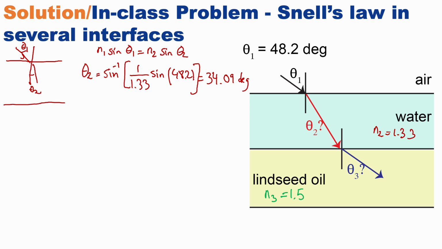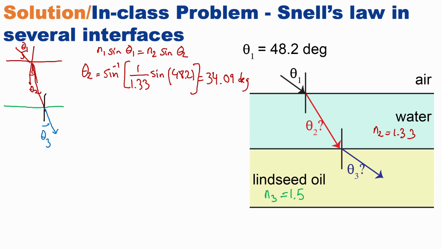So now we have here our second interface. Let me try to put a different color for the second one. So let's use this green. And the light travels through a straight line, right? So this ray propagates, and then we meet the second interface, and we're gonna have a different ray that's gonna be θ3. So the first thing that we need to check is the incident angle.